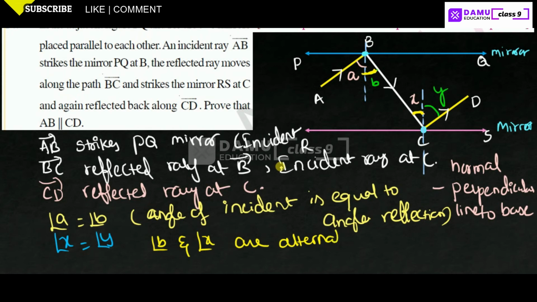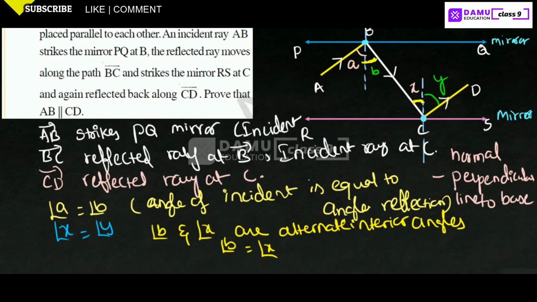So angle B will be equal to angle X. So you can draw one condition: angle B will be equal to angle X, and that is, angle B will be equal to angle Y. So here, angle B will be equal to angle Y.